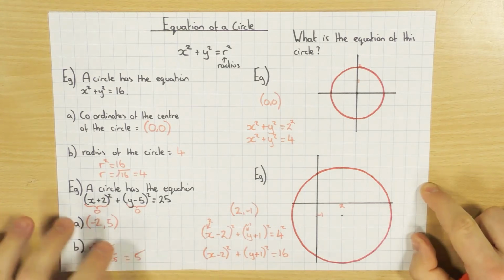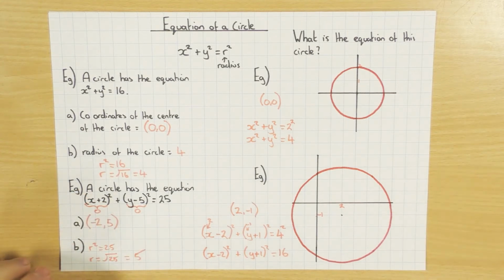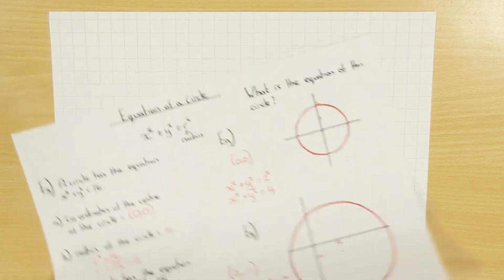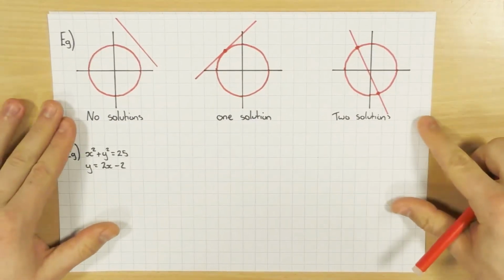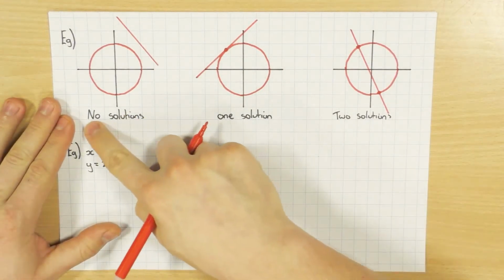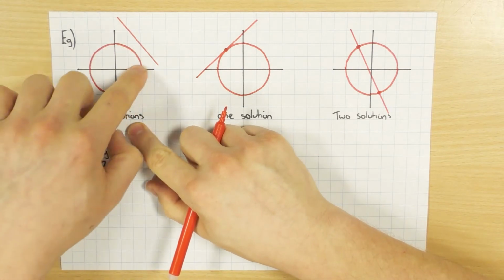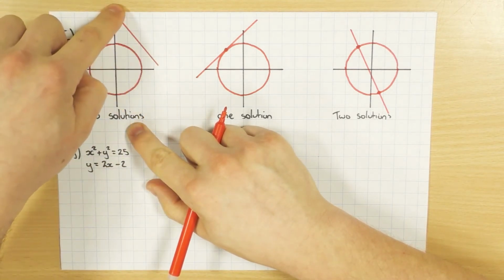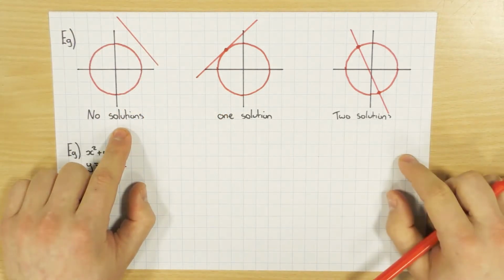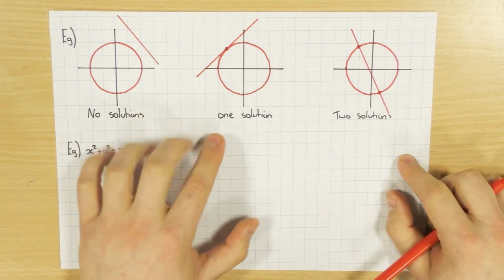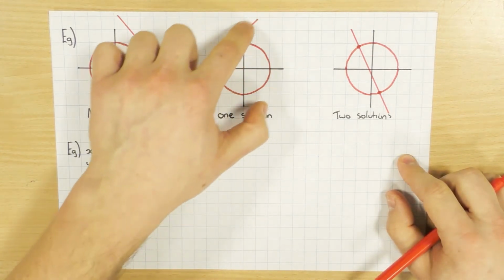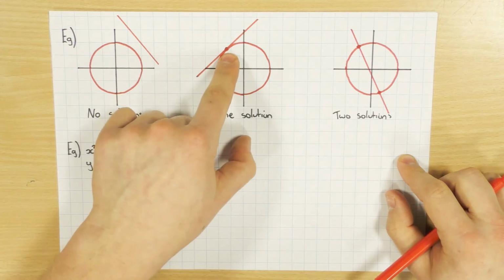So that's the basics. Let's move on to something a bit trickier. Now, if you introduce a straight line, there are 3 possibilities. There's this one here, where your straight line completely misses the circle, in which case there's no solutions. You might have this one here, where you've got a straight line which touches the circle at one place.